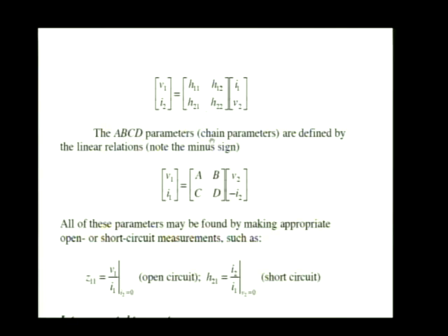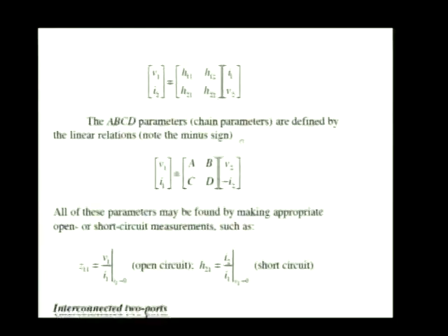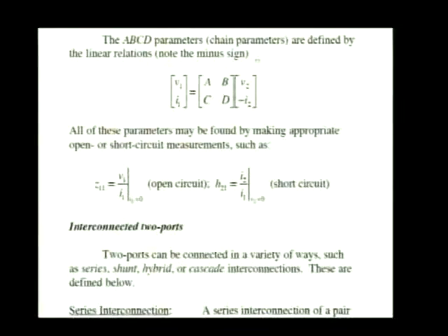And then finally, the ABCD parameters, the chain parameters, they're defined as follows, where we treat as unknowns that we would like to solve for V1 and I1, the voltage and current at port 1 on one side of the two-port network, given the voltage and current at port 2 as the known quantities, V2 and I2, or more precisely, minus I2, where I'll explain where the minus sign comes in just a moment.